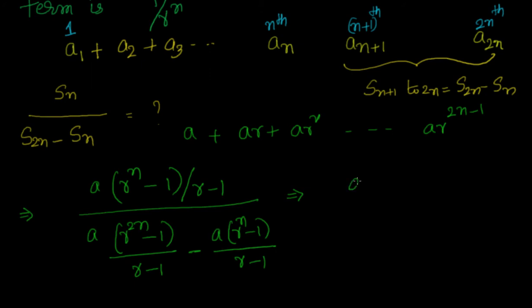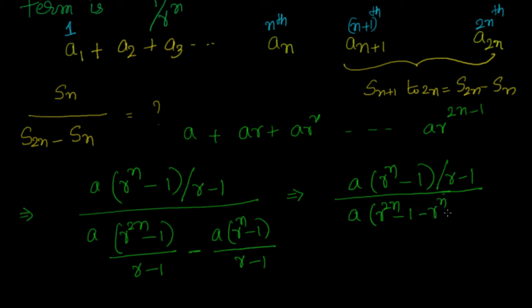This is nothing but equal to a into r to the power of n minus 1 by r minus 1, divided by, I can take a out, r to the power of 2n minus 1 minus r to the power of n plus 1, whole thing divided by r minus 1. r minus 1 cancels, a cancels.